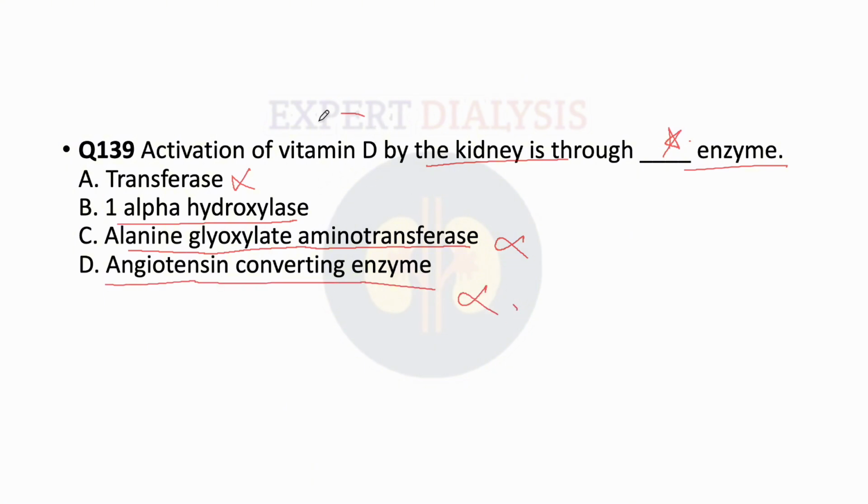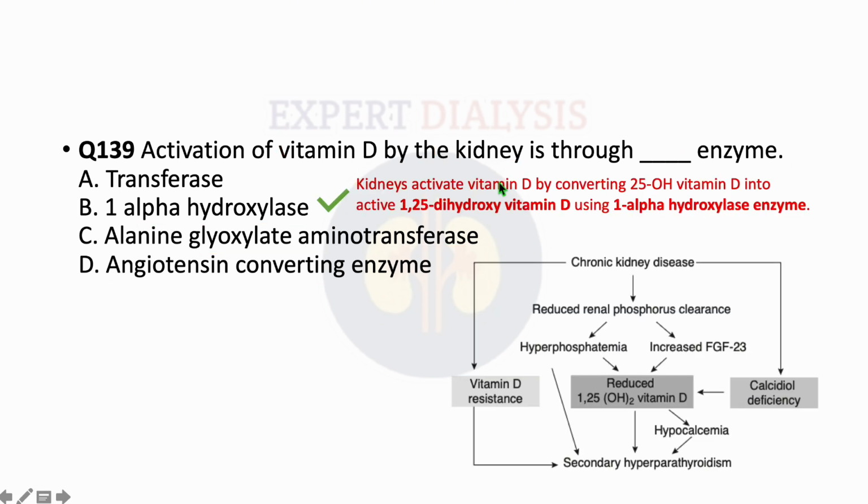We are talking about vitamin D here, so it will be 1-alpha hydroxylase. The kidney activates vitamin D by converting 25 OH vitamin D into activated 1,25 dihydroxyvitamin D using the 1-alpha hydroxylase enzyme.